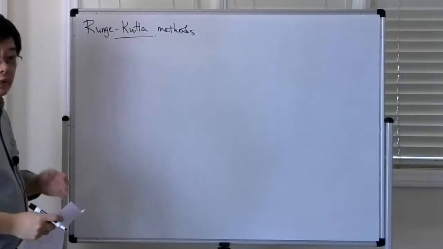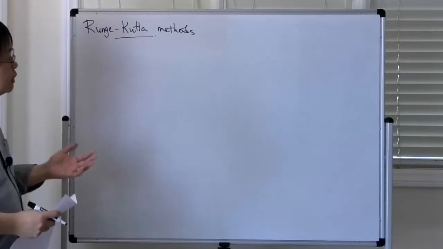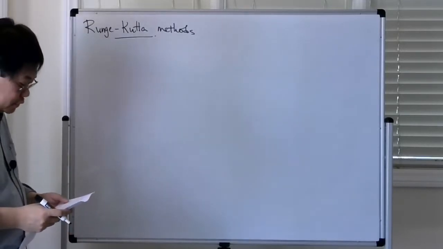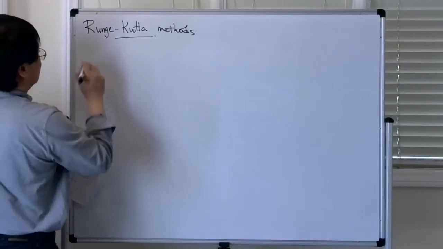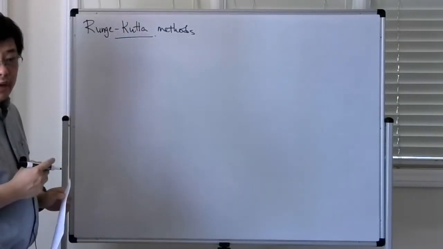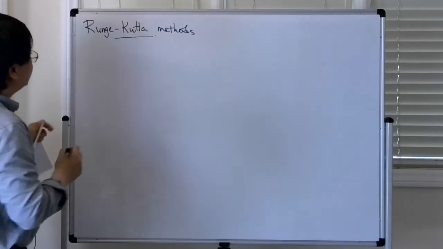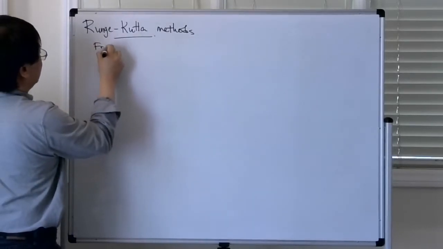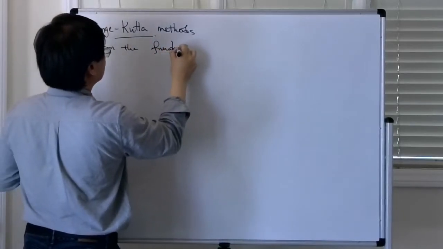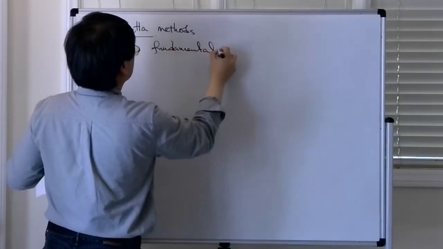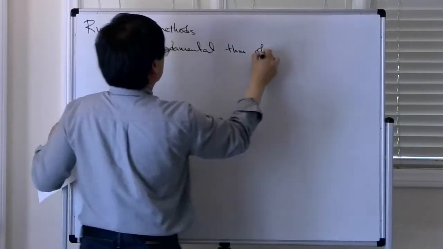So it's very natural then, as we talked about, to apply quadrature rules to approximate the solution to an ODE. The idea behind this comes from the fundamental theorem of calculus.